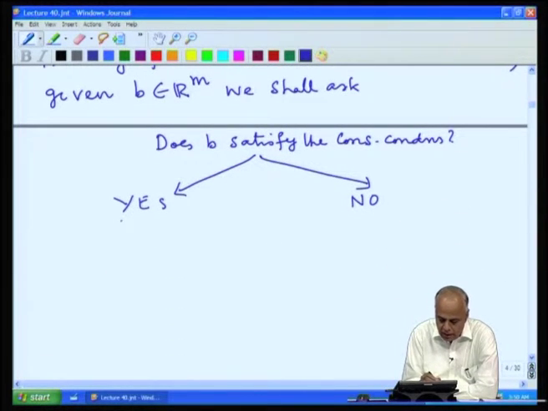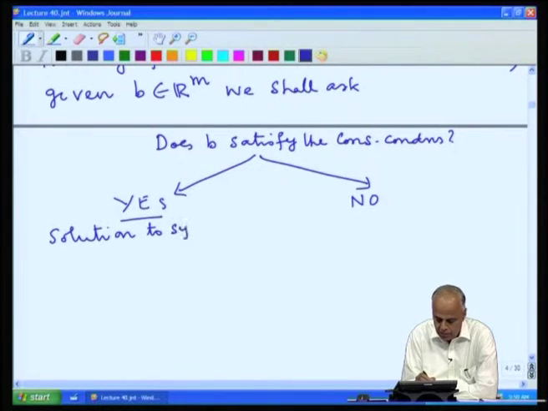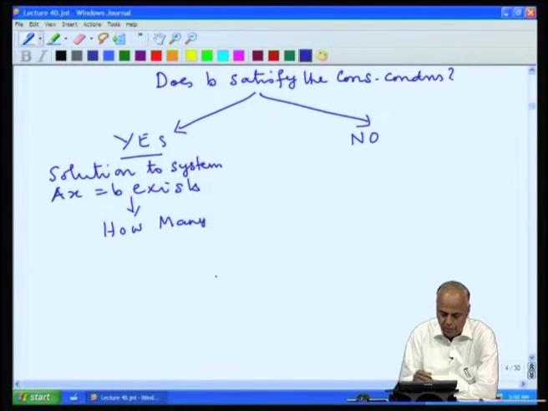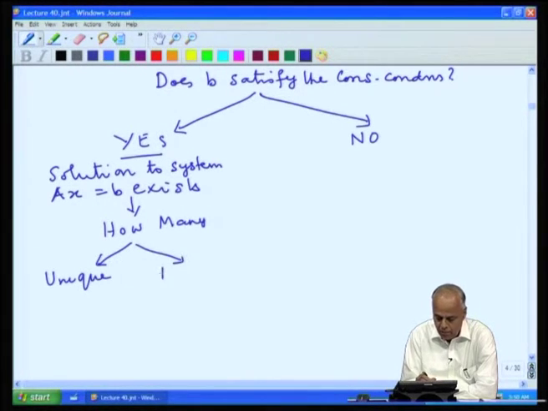Now, in this case, a solution to the system Ax = B exists. Then we ask the question, how many? We now know the answer: either unique or infinitely many.